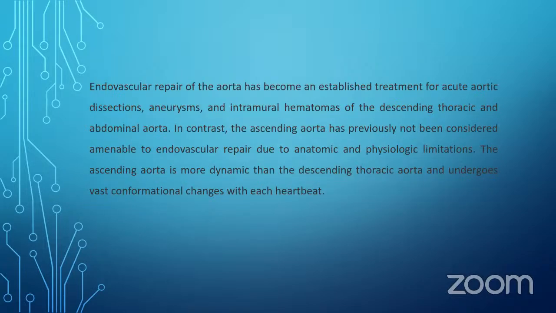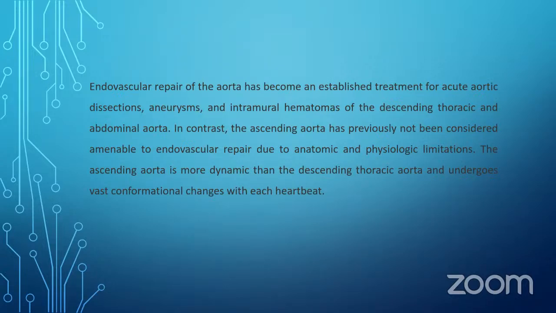Endovascular repair of the aorta has become an established treatment for acute aortic dissection, aneurysm, and intramural hematoma of the descending thoracic and abdominal aorta. In contrast, the ascending aorta has previously not been considered amenable to endovascular repair due to anatomic and physiological limitations.